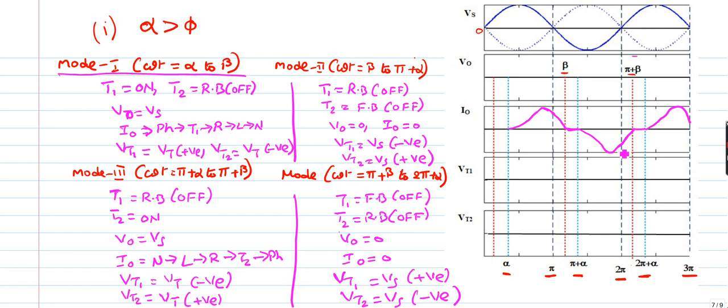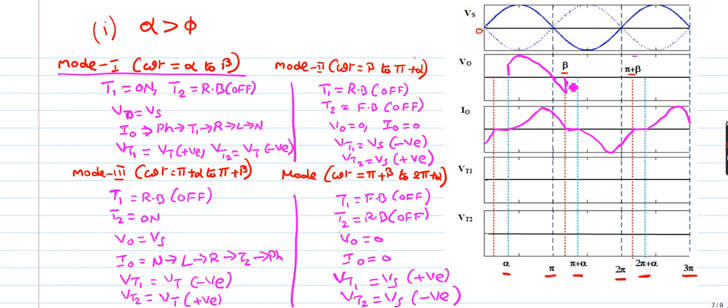Now at 2 pi, this red line, I am having some negative part, so I'll write some negative part and then 0 here. The current waveform is completed. Now when it comes to the output voltage waveform, in mode 1 the output voltage is Vs, so it continues up to beta. So pi to beta, I'm going to have a negative part.